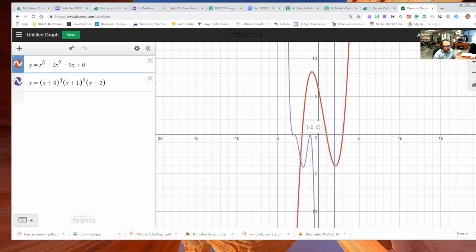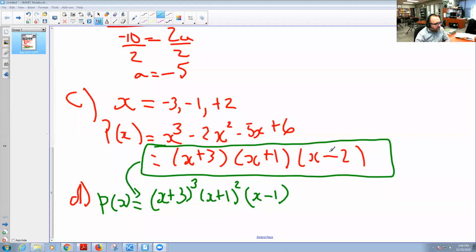So I'm going to go back to here and share the screen. Okay, so I need to change this to x plus 2, because this should be the inverse of it when you write it as a factor. This should be x minus 1. Okay, so I'm going to rub that off. It should be x minus 1. And the other one should be x plus 3, so it's x minus 3.